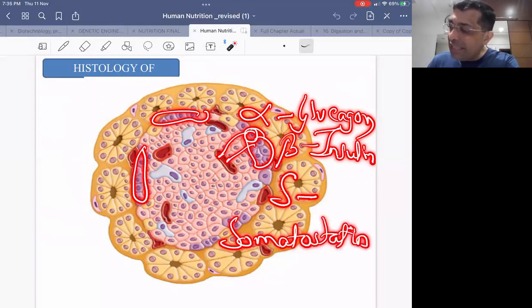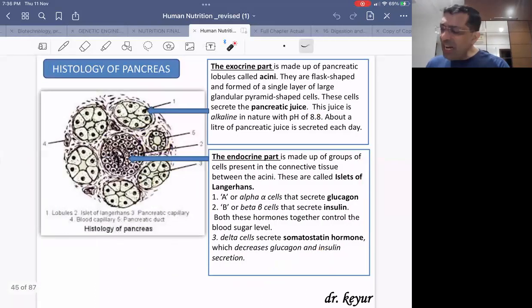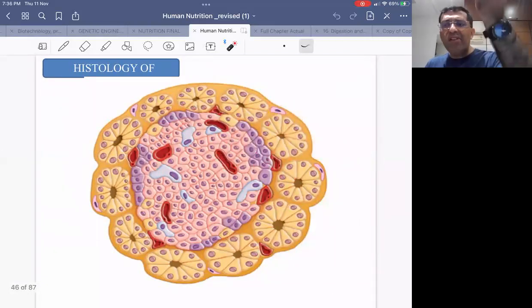And these hormones go directly into blood. And what will they do? Sir, suppose you have just eaten a very high carbohydrate-rich diet. If you remember, salivary amylase will break down starch. And then we have in the intestine other enzymes, again maltase, which will help in breakdown of maltose.